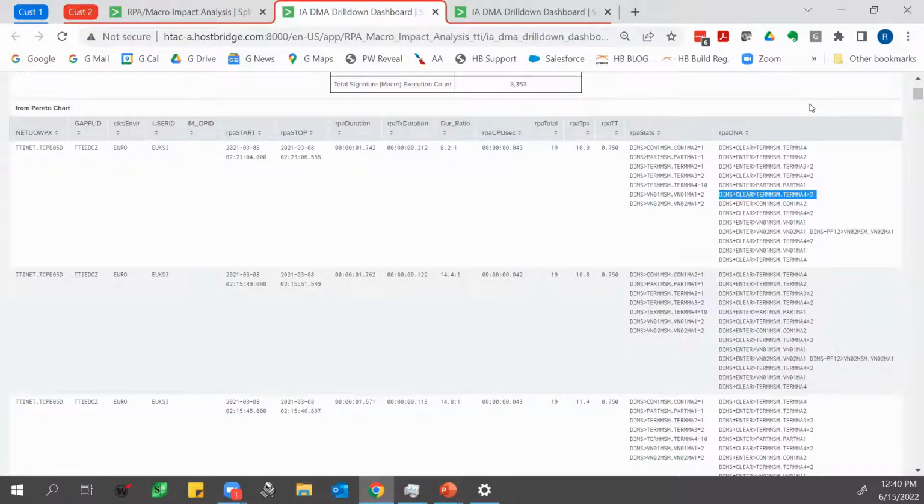In other words, pressing the clear key, and they have no functional purpose and create no business value.